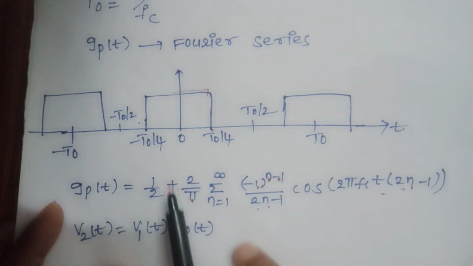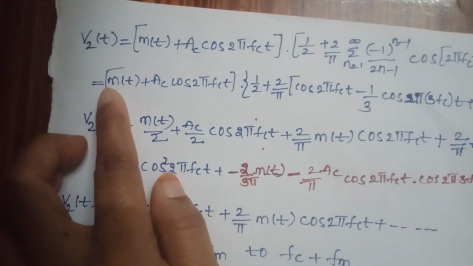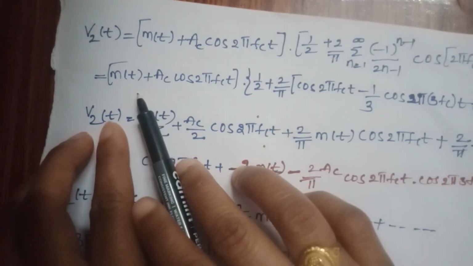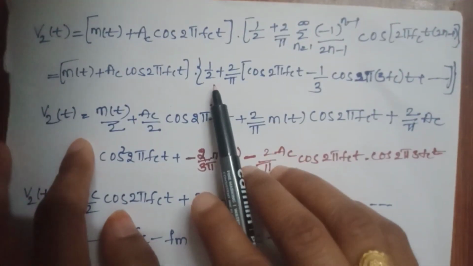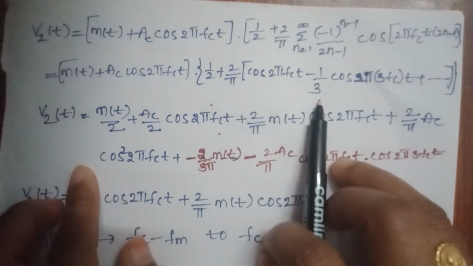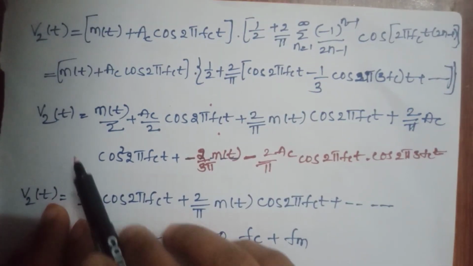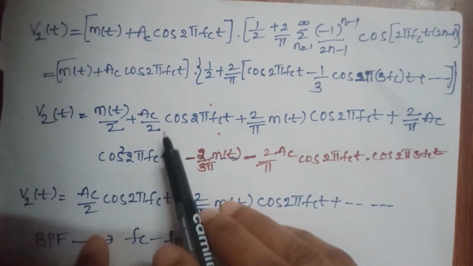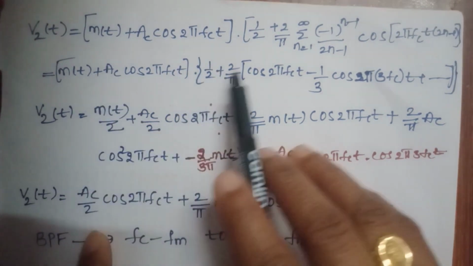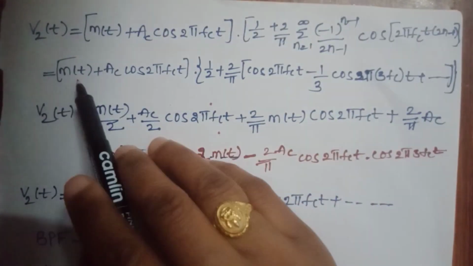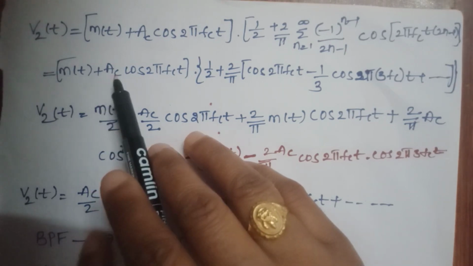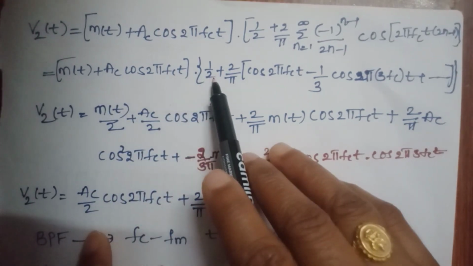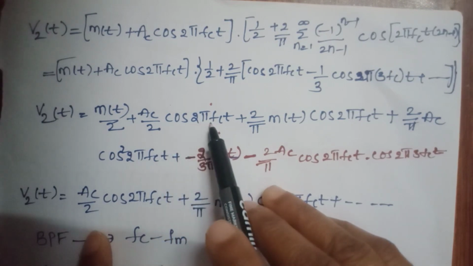Now substitute that value in this V2 of t. V2 of t equals m of t plus c of t, which is Ac cos 2 pi fct, into this Gp of t value. Now you just multiply term by term. First m of t into 1 by 2, that is m of t by 2. Next plus Ac by 2 cos 2 pi fct.